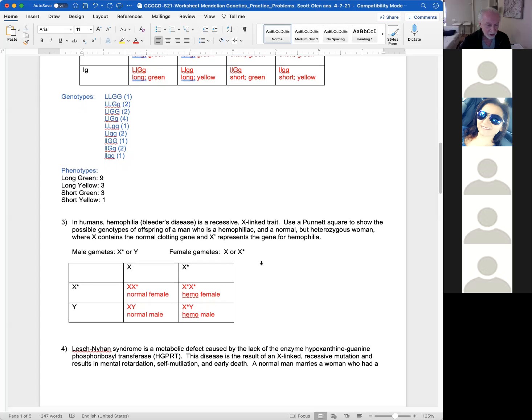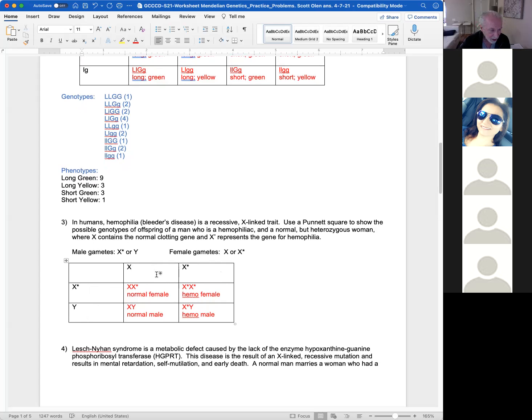So the question asks to use a Punnett square. So you make a Punnett square, 2x2. And we have the man on the left, he's X star Y, and the woman atop, she's X, X star.